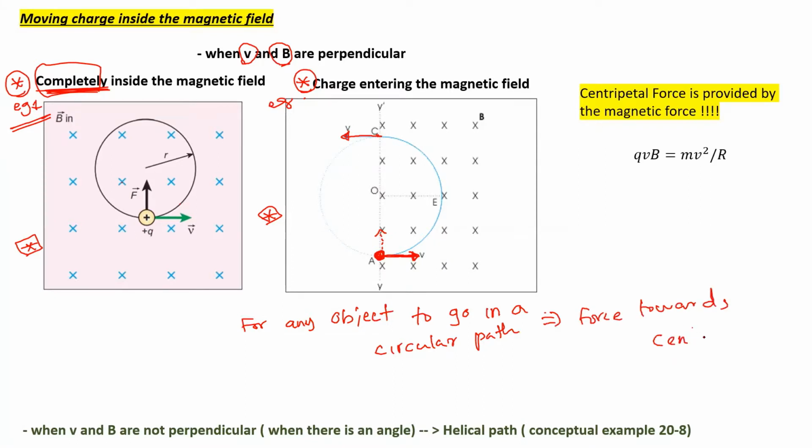We need a force towards the center. So in these examples, force is provided by the magnetic field. F is equal to QVB.